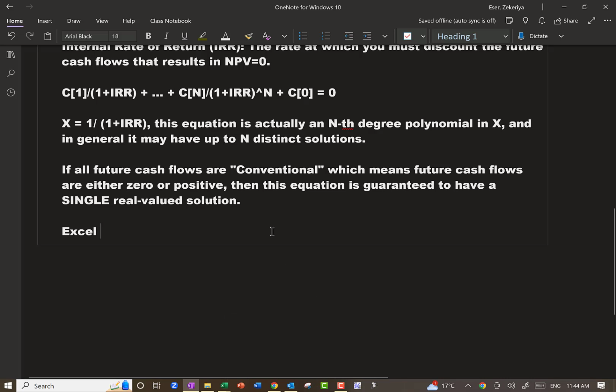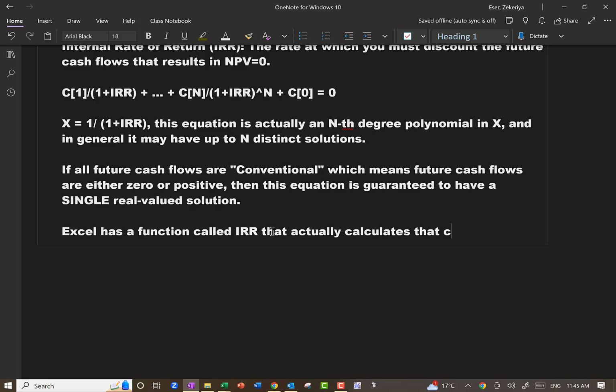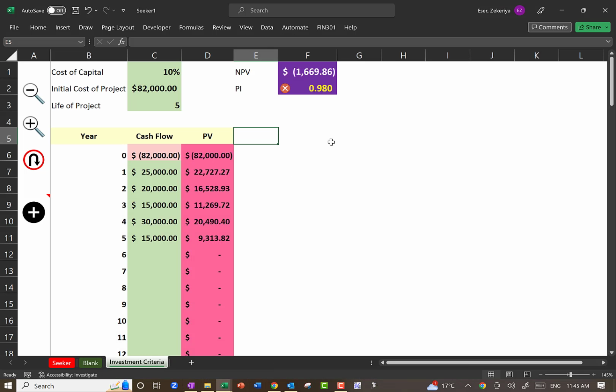And Excel has a function called IRR that actually calculates that solution. Technically speaking, it's doing a goal seek.